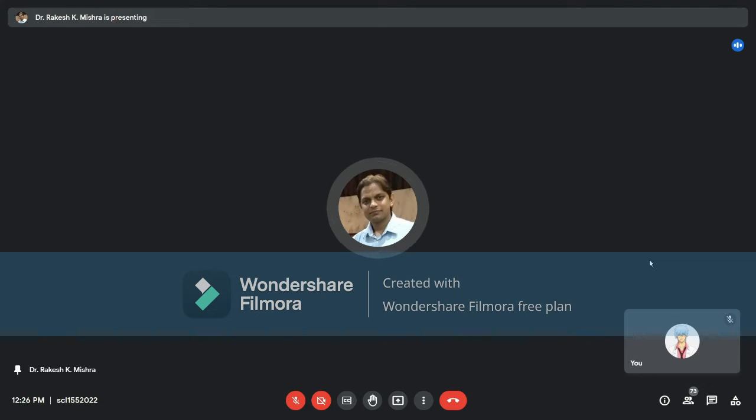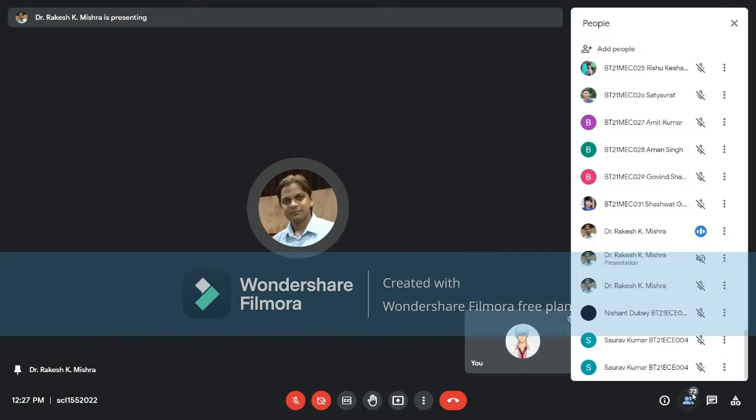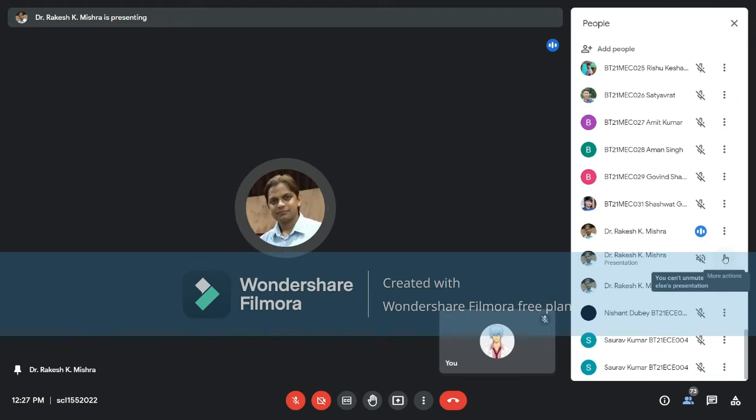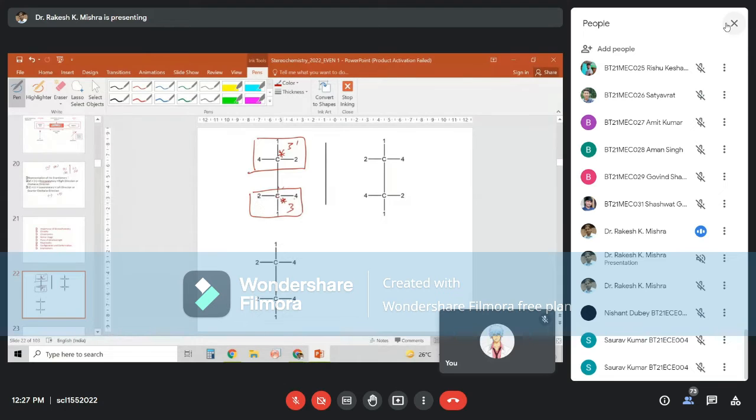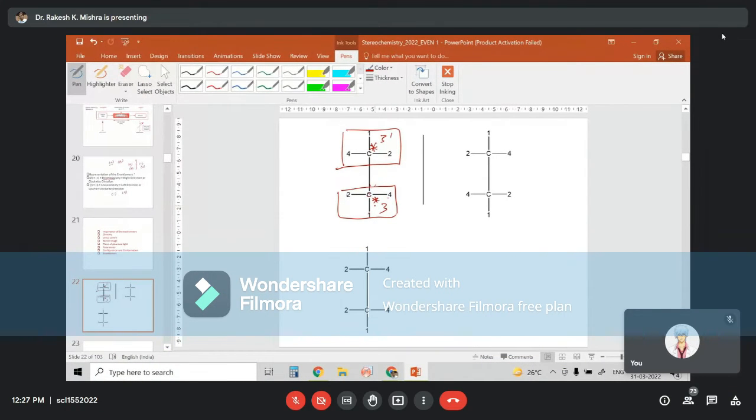This also is attached to 1, 2, 4, and this whole group will act as a third prime substituent, like one atom. So it has two chiral centers. I told you a chiral center is represented by a star. If you put a star, it means that is a chiral carbon.